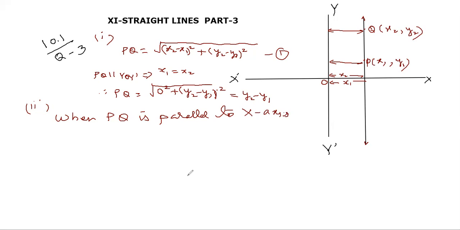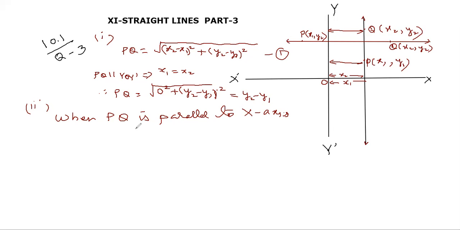Any line which is parallel to the x-axis will have the points on it like this. Point P, somewhere you will find the point P whose coordinates are again x1, y1. So these are 2 questions. And Q, anywhere you can take Q, then Q is x2, y2. This is the second question. You should draw the second diagram for the second question.